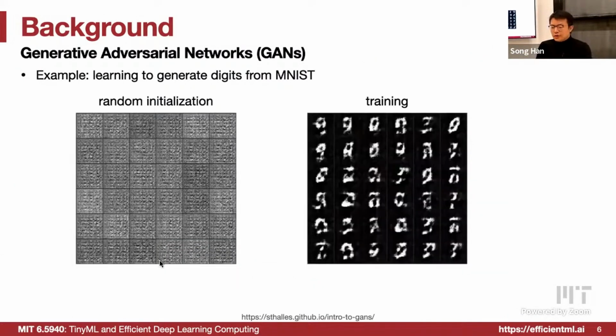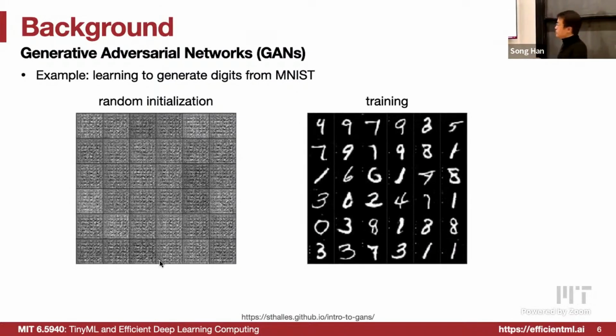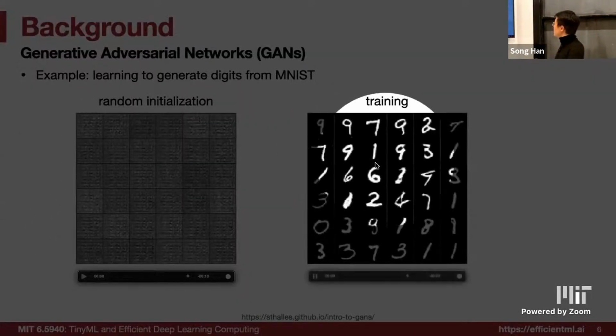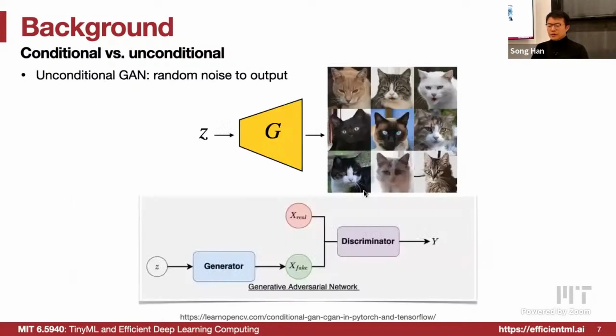So this is a little bit of background of GANs. This is learning to generate digits from MNIST, starting from random initialization, and finally we can generate photorealistic images of handwritten digits. GAN has 2 categories. One is unconditional GAN, the other is conditional GAN.